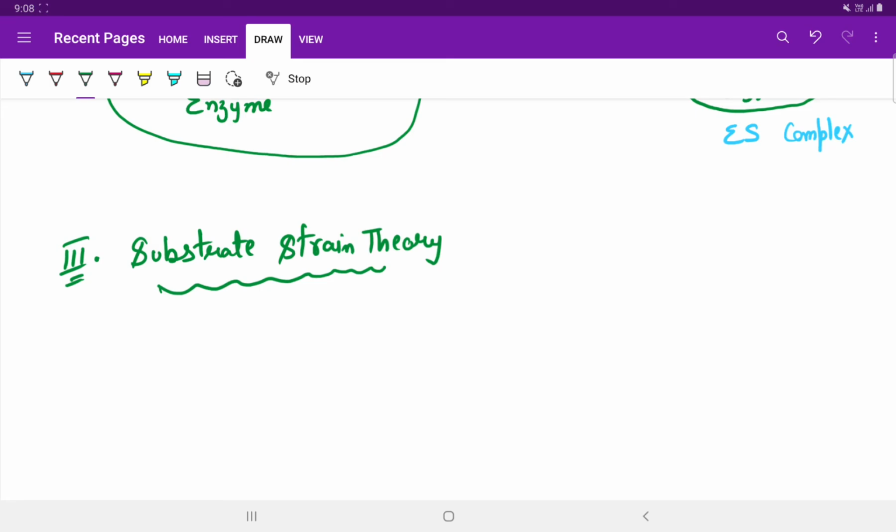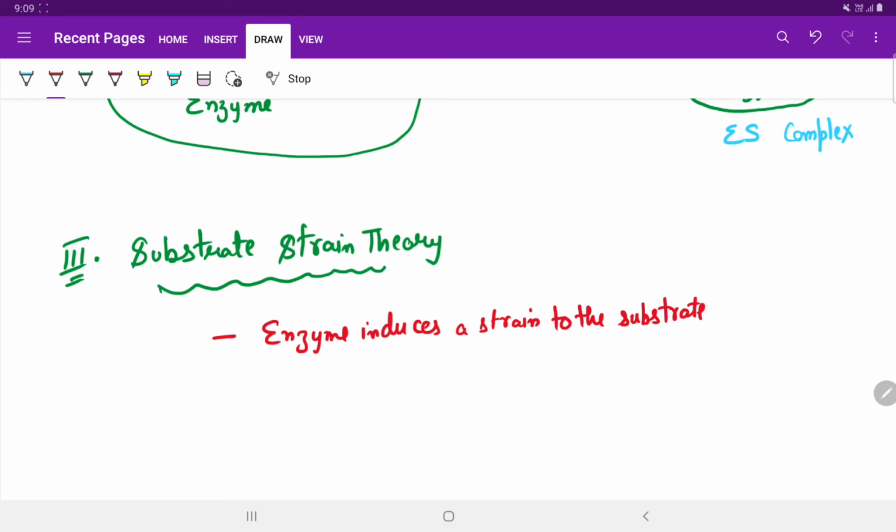So how does transition state stabilization occur? This occurs because the enzyme induces a strain to the substrate. The strained substrate leads to the formation of the product.